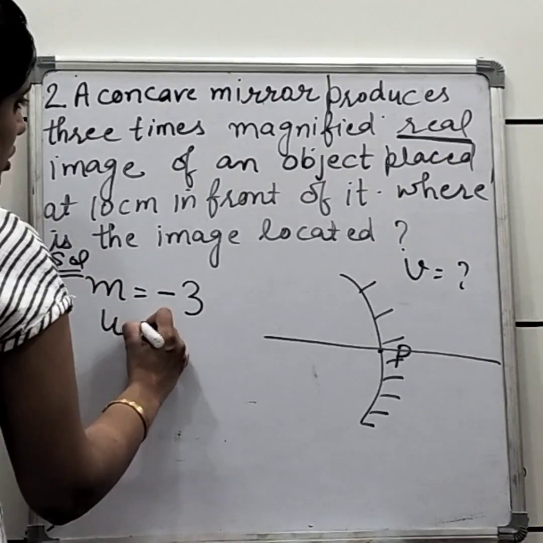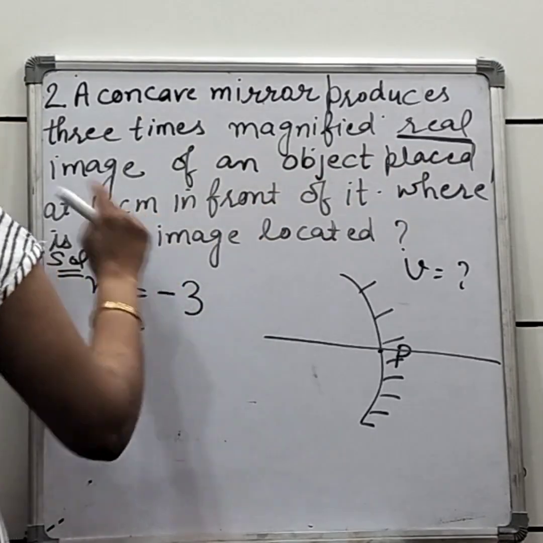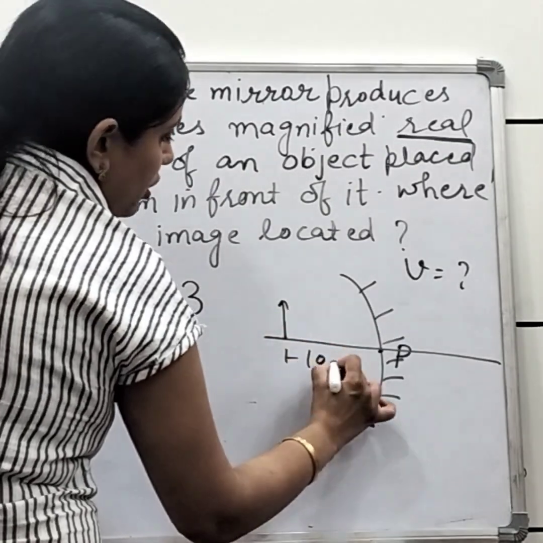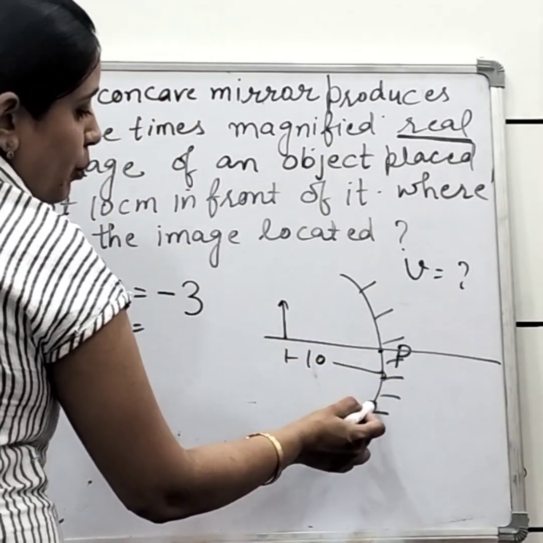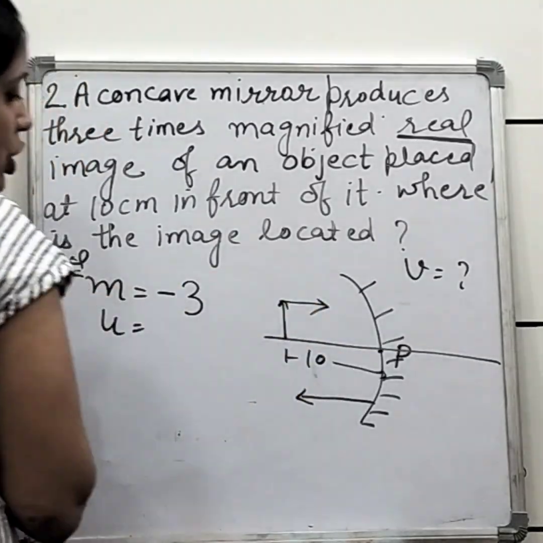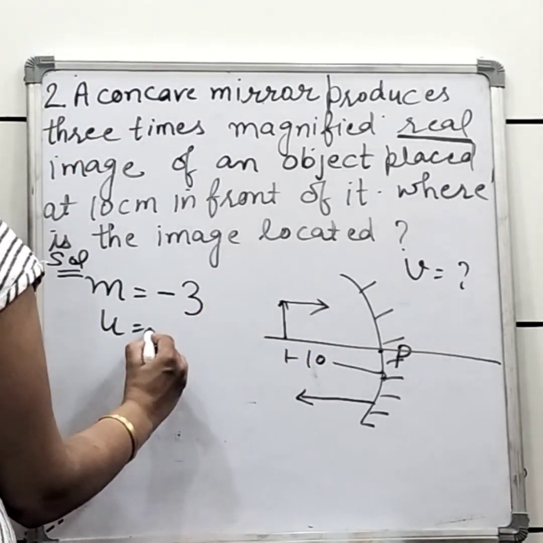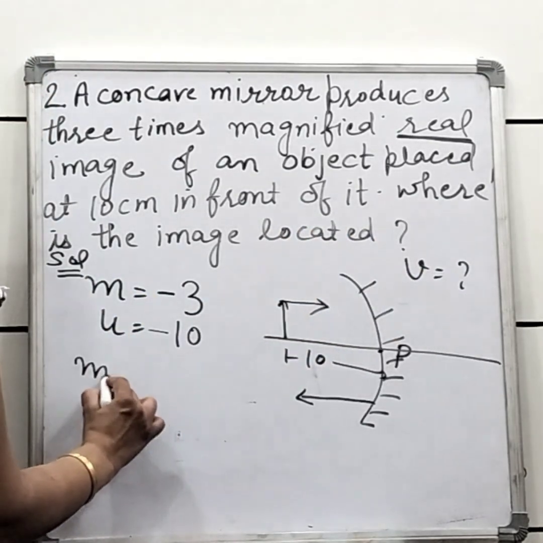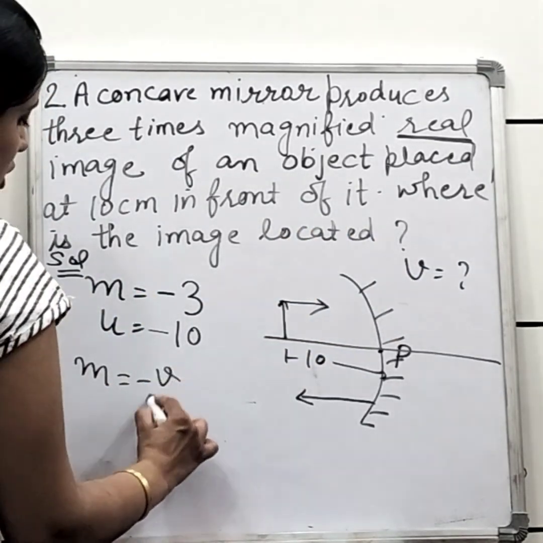u is given: the object is placed 10 centimeter in front of it. So the object is here at 10 centimeter. We measure the distance from the pole in this direction, and the incident radiation is in the opposite direction, so u is taken as negative. We have to calculate v. According to the formula, m is equal to minus v by u.